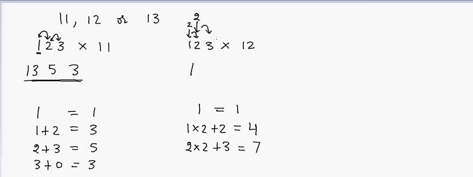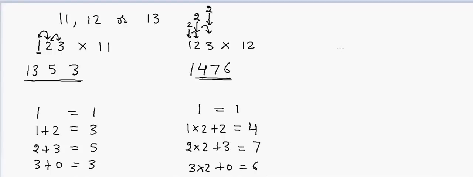And then for the last digit, I'll multiply the last digit by 2. So 3 into 2 plus 0 will be equal to 6. So the answer will be equal to 1476. Basically I am multiplying each digit by 2 and then adding the next digit into it.